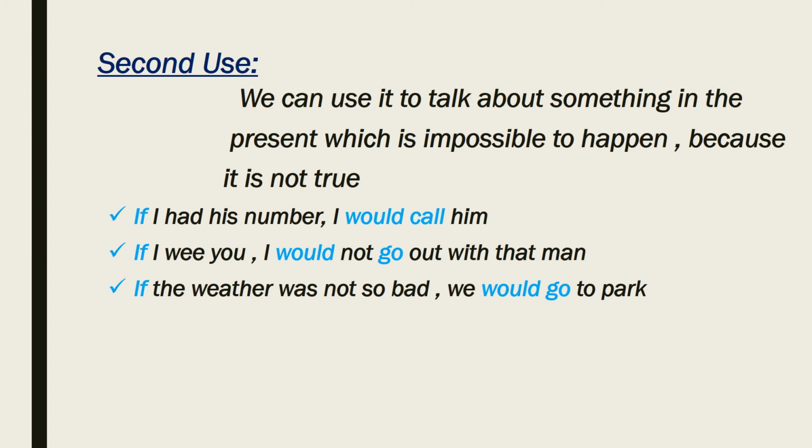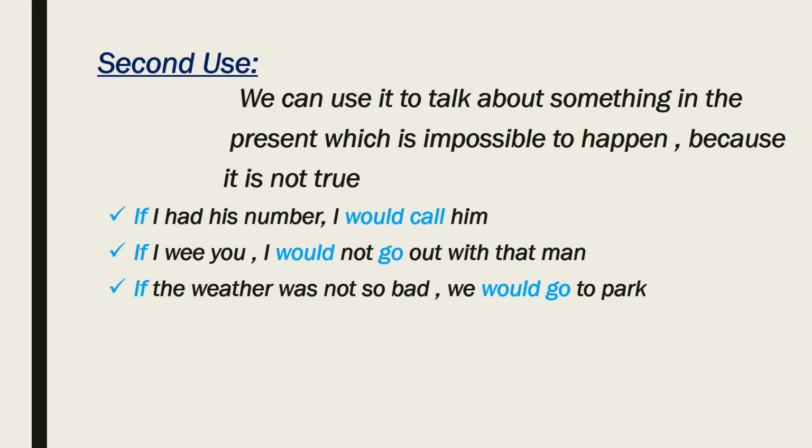If the weather was not so bad, now the weather is bad, he's talking if the weather was not so bad. It is impossible, the weather is already bad, the weather is stormy, the weather is not pleasant, the weather is not good, but he's talking that if the weather was not so bad, we would go to the park.